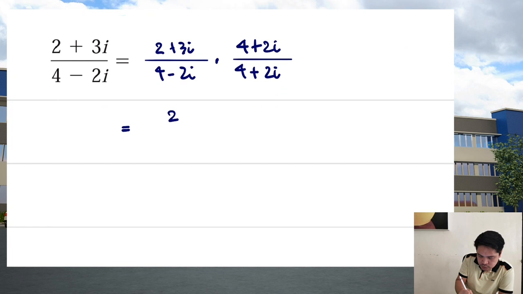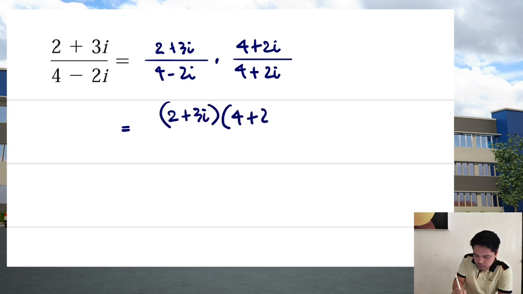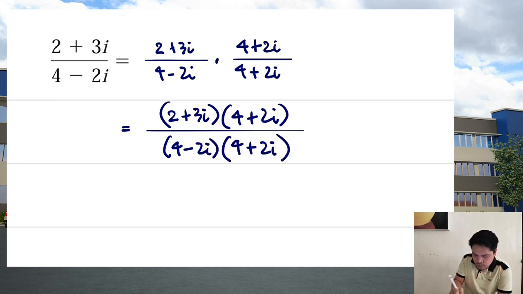So we'll have 2 plus 3i multiplied by 4 plus 2i, then divided by the product of the complex conjugates, 4 minus 2i and 4 plus 2i.